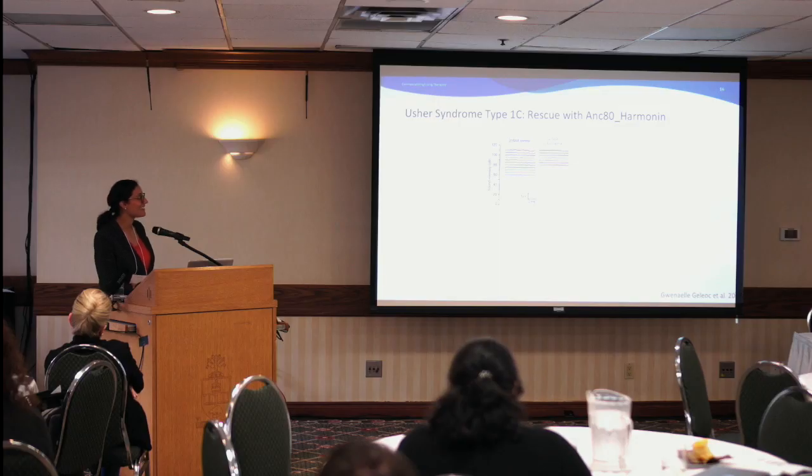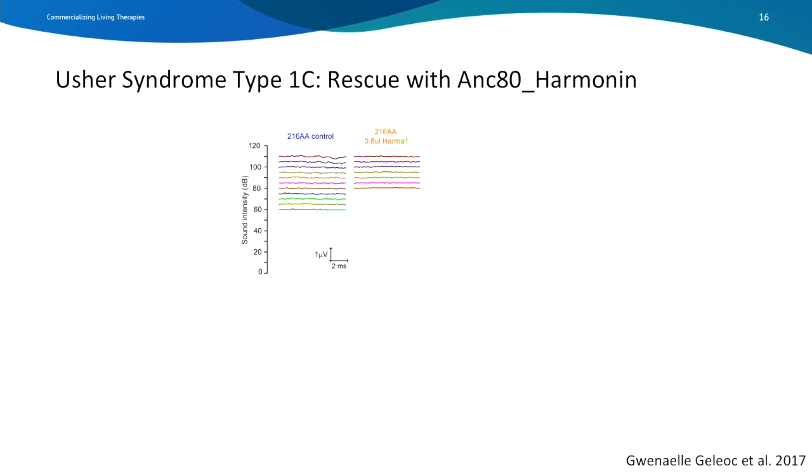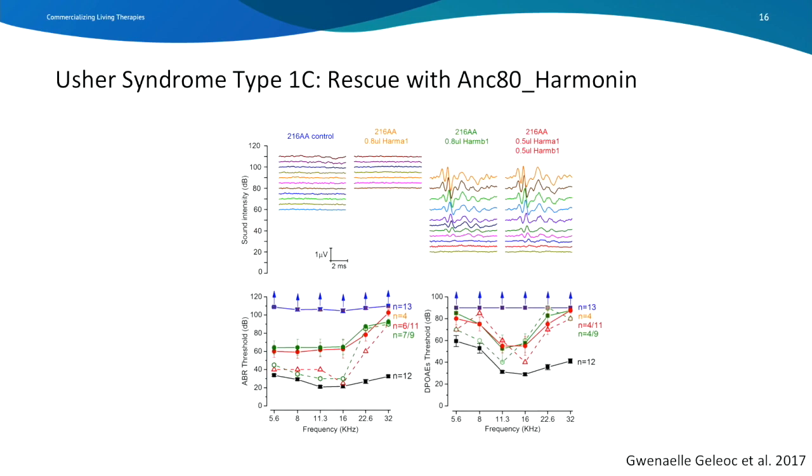And so here we have the signal for when you have your mutant mouse, as well as a mouse injected with harmonin. But when we provide our ANK80, either the harmonin isoform A or B, you can see that we start to get hearing back in these mice.